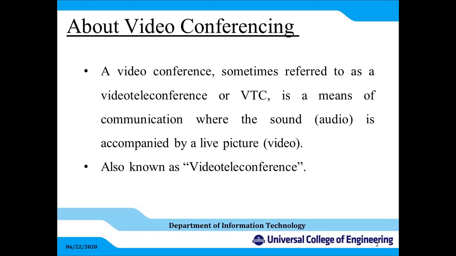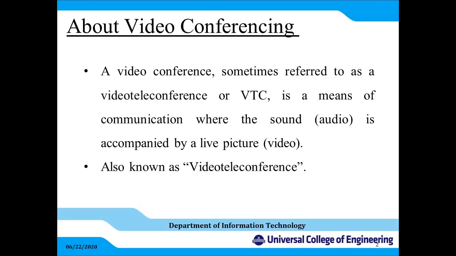Basically it is the transmission of image and speech back and forth between two or more separate locations, which is quite similar to making a phone call, which provides you with an opportunity to talk and see others in real time. A video conference can be between two entities, two sites, that are the locations connected to each other via the video conference, or the conference can connect multiple locations.